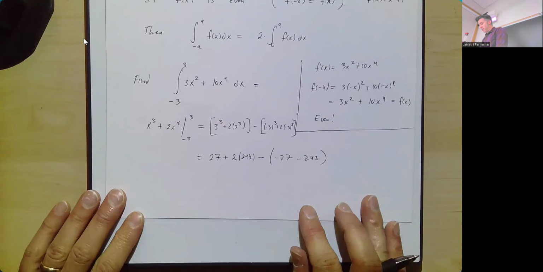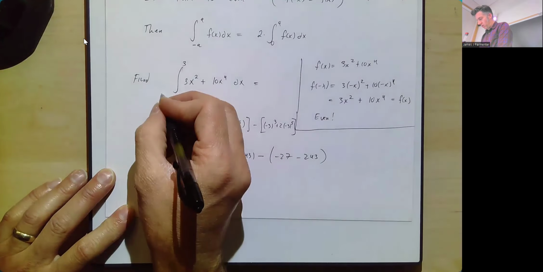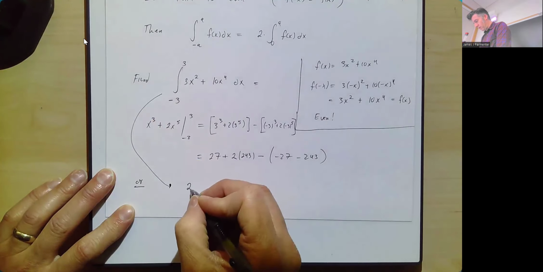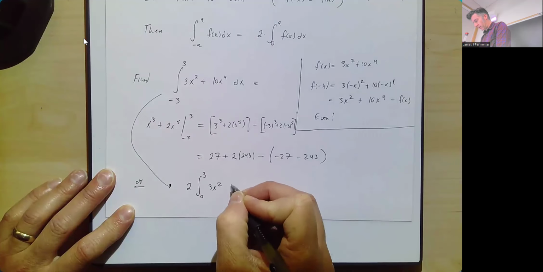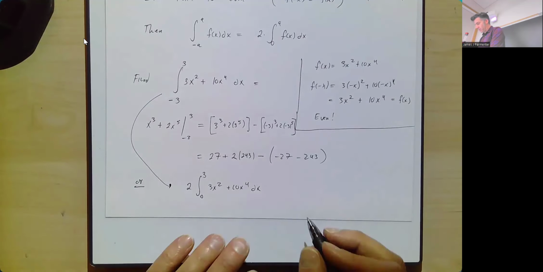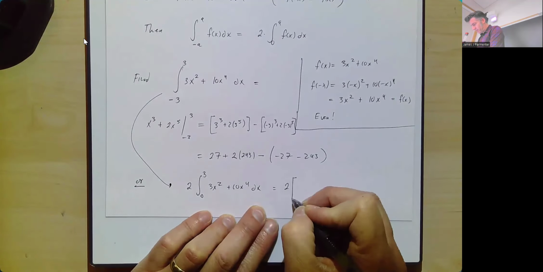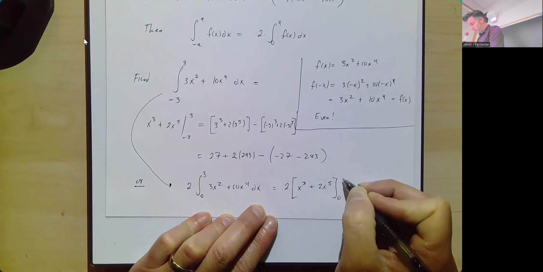On the other hand, we could have said it's going to equal 2 times the integral from 0 to 3 of 3x squared plus 10x to the 4th. And then it just becomes a little bit less work. That's going to be 2 times x cubed plus 2x to the 5th from 0 to 3.